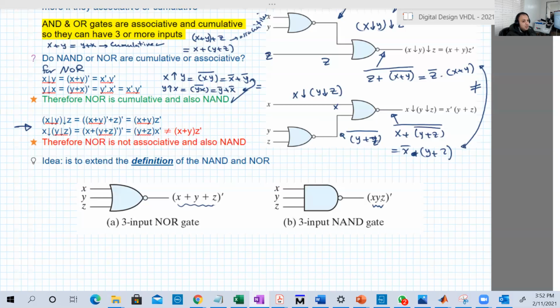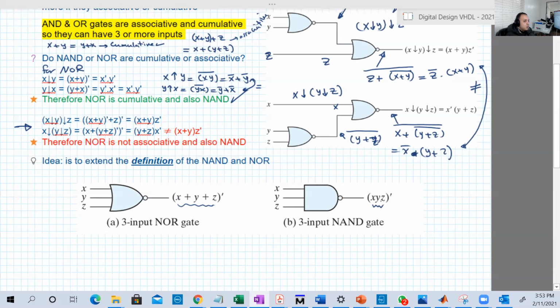The definition was that if you have an AND gate with 2 inputs, then NAND is the NOT of the output of this AND gate. So just make the definition general: any AND gate with any number of inputs. So that's basically the associative property for NAND and NOR.